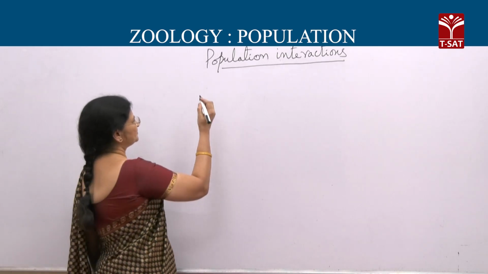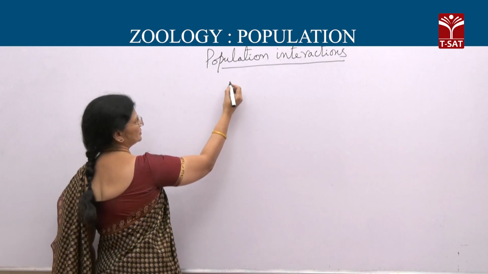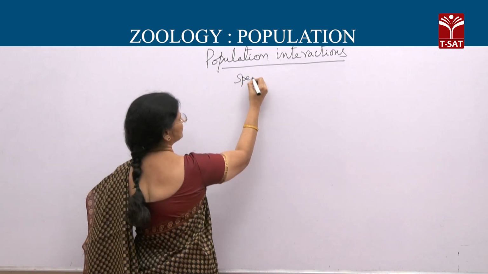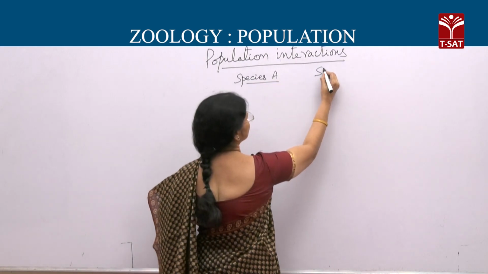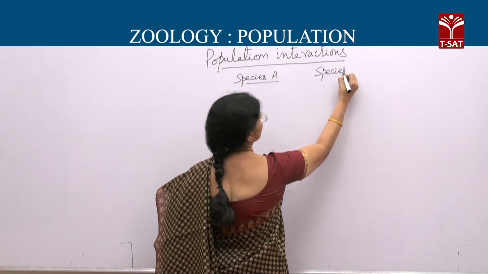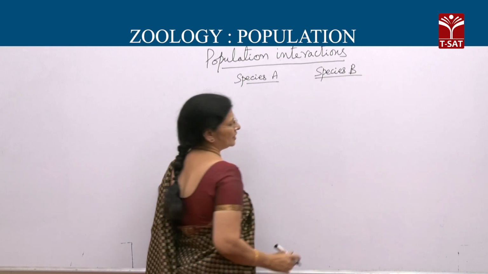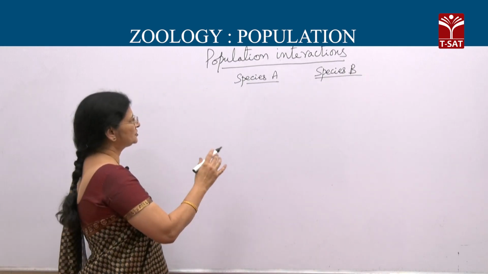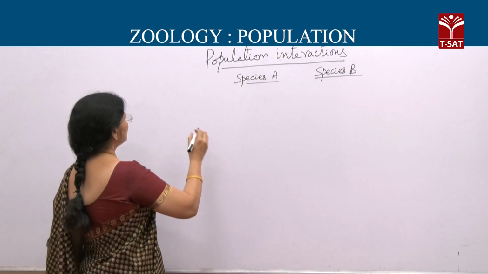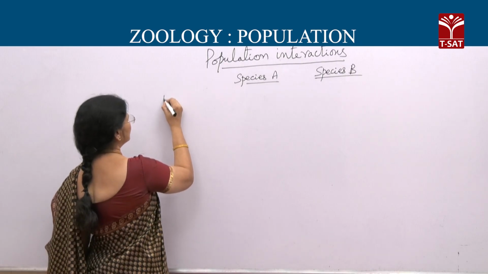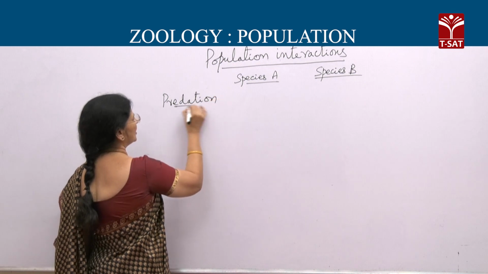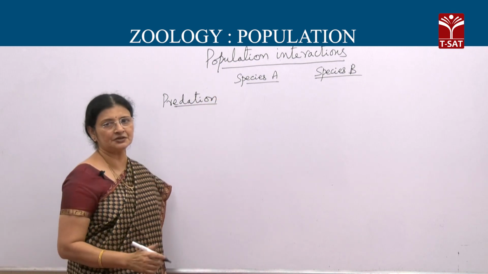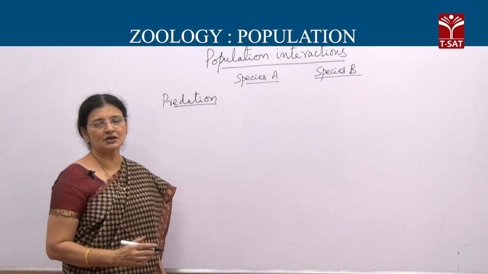For example, if you take two species, species A and species B. Now, these two species, in the case of an association like predation, predators are carnivores.